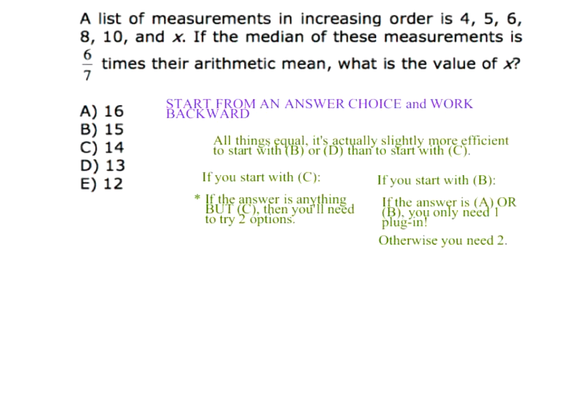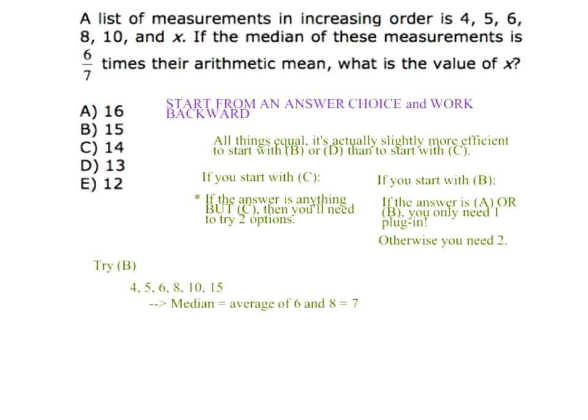So let's try B. That means your list of measurements is 4, 5, 6, 8, 10, and 15. The median is 7. It's the average of 6 and 8, the 2 middle terms. So the average of 6 and 8 is 7.